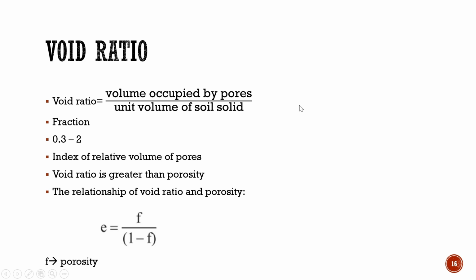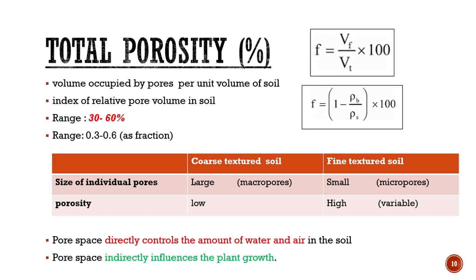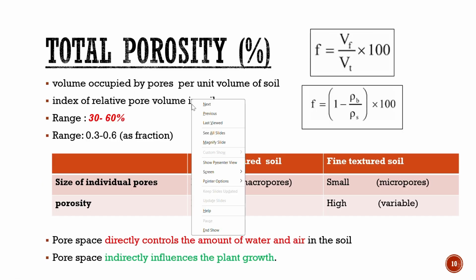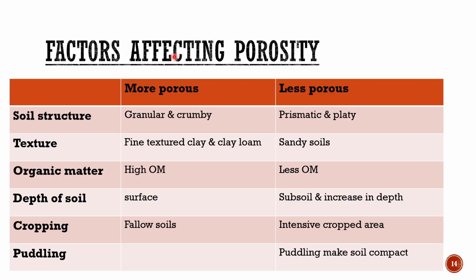Okay, so void ratio. We have seen what porosity is. Porosity means the volume occupied by the pores per unit volume of the soil. So the volume means total volume. In the total volume, how much volume is occupied by the pores, that is known as total porosity. But what is the void ratio?